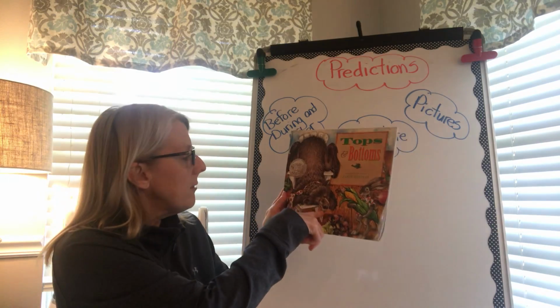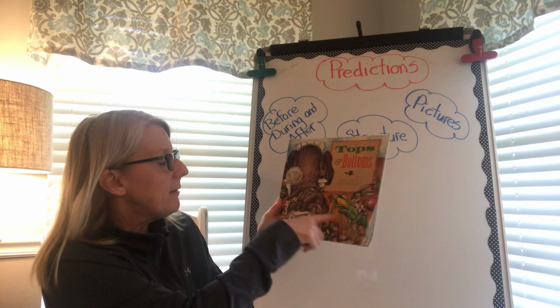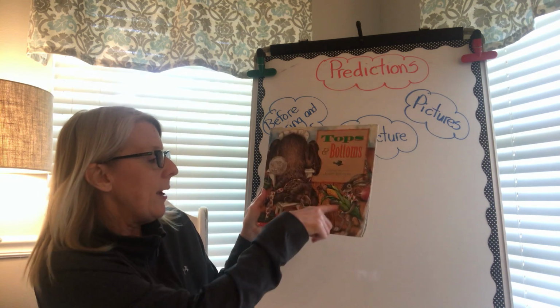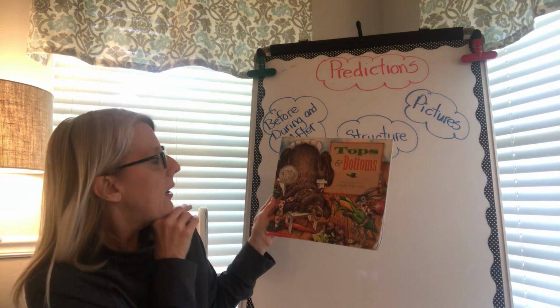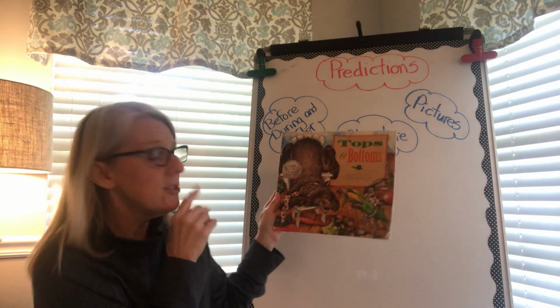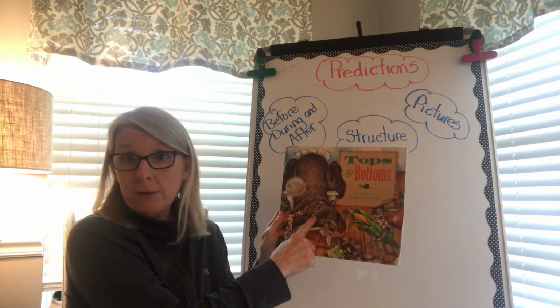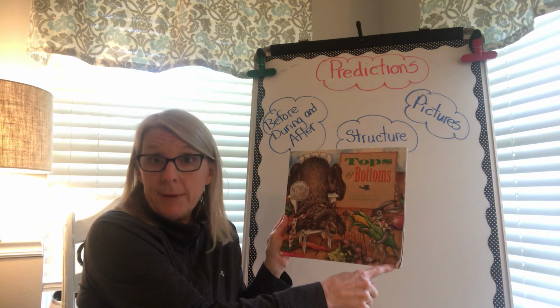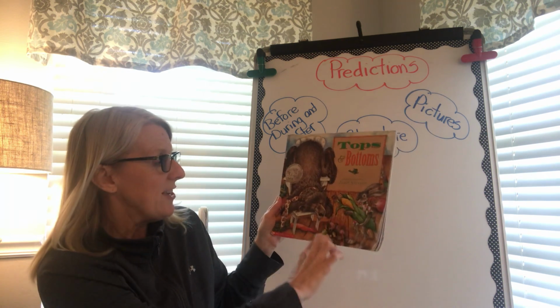Well, I see a bear on a chair and he's sleeping, and then I see a bunny or a hare carrying a corn. Okay, and so I'm looking at this book, and I'm predicting that this story is going to be about a bear and a rabbit, or a bunny. It looks like it has something to do with vegetables, maybe.